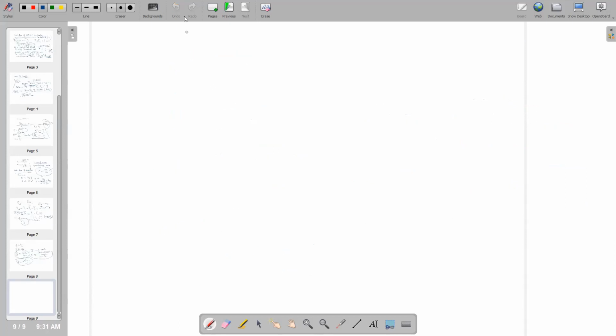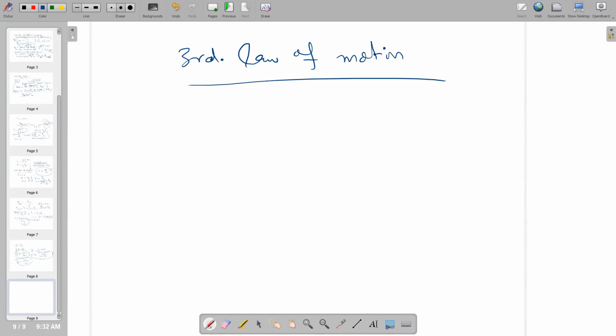Okay, after this, now I want to discuss with you the third law of motion. The third law of motion is very famous and looks very easy, but it is not too easy.